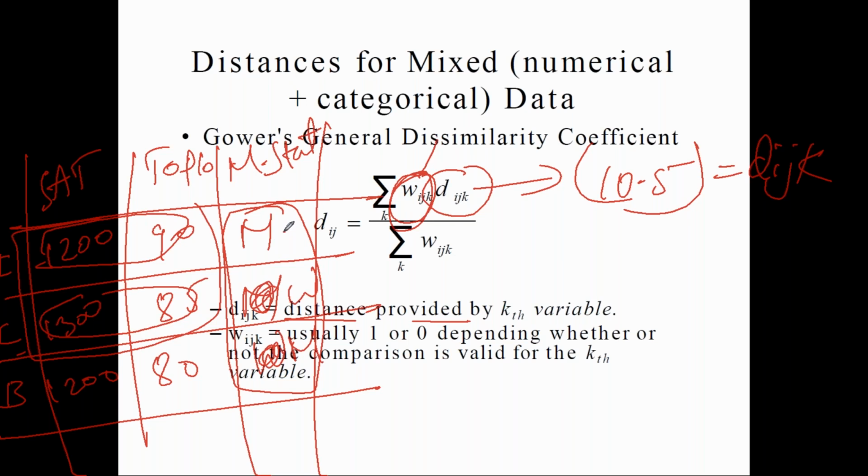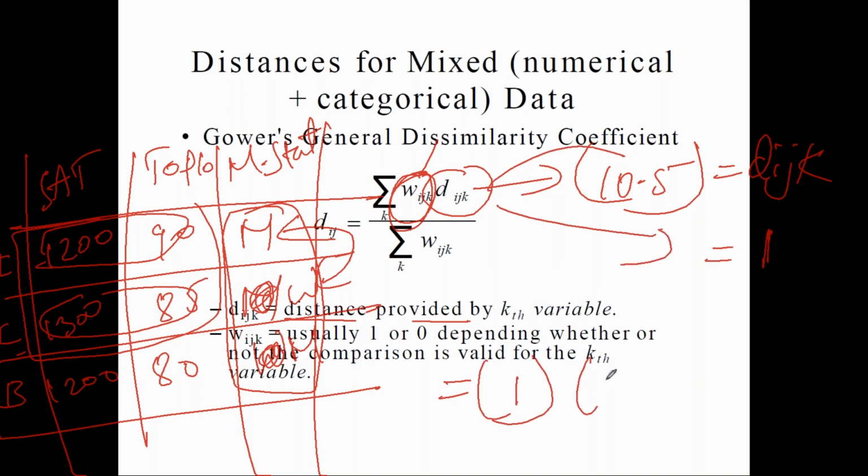If the categories are different in marital status, both records have different status, so the distance will be 1. So I replace w of ijk with 1, and the distance is 10.5 divided by 1.